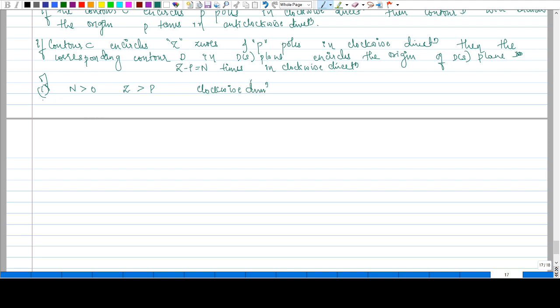Similarly, if N is less than 0, that is number of zeros is less than number of poles, then the encirclement will be in anti-clockwise direction. And case 3, if N is equal to 0, when Z equal to P, then no encirclement around the origin. No encirclement around the origin.